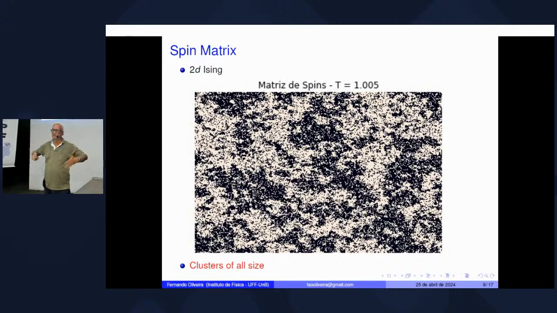If you do a scale change, 5 times larger, 10 times larger, 100 times larger, whatever you do, you are going to see the same kind of stuff. Just a bigger computer can go on, but the same kind of stuff. Correlation here, correlation here, and so on. So you get clusters of all sizes.